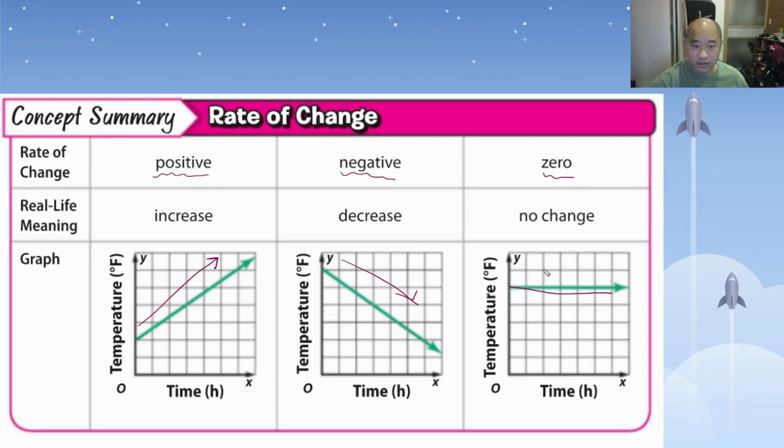And there's one other case when it is vertical. If your graph is vertical like this, that has an undefined slope or undefined rate of change. And we can talk about that later. We don't need to talk about that right now.